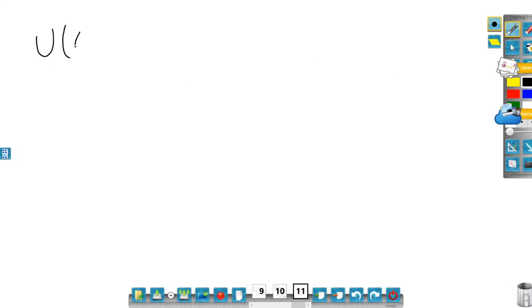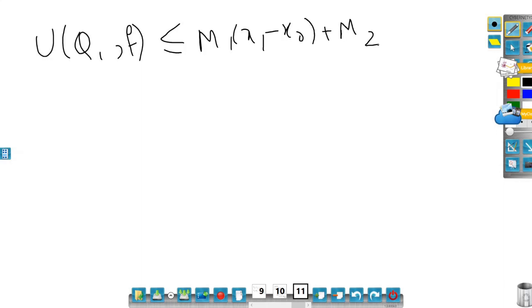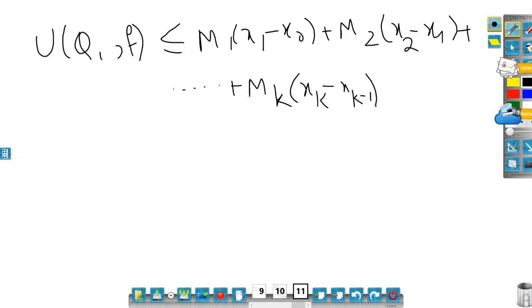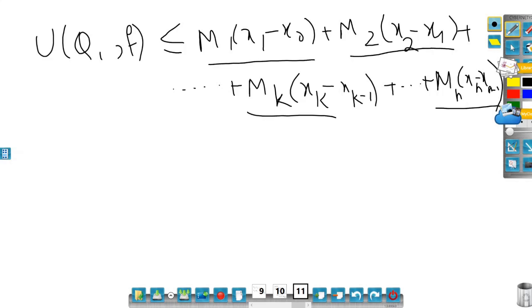So I will have UQ1F is less than or equal to m1 times x1 minus x0 plus m2 times x2 minus x1 plus, this is now mk times xk minus xk minus 1, plus mn times xn minus xn minus 1. You can see that whatever I have underlined, these are basically n terms.